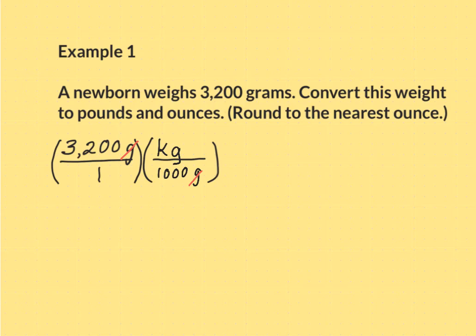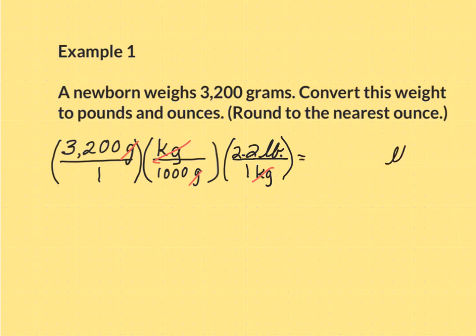I want pounds. So now I need another conversion factor. Now I need to convert kilograms to pounds. So from my chart, I know that 1 kilogram equals 2.2 pounds. That means the kilograms cancel, and I have left only pounds, which is what I want.